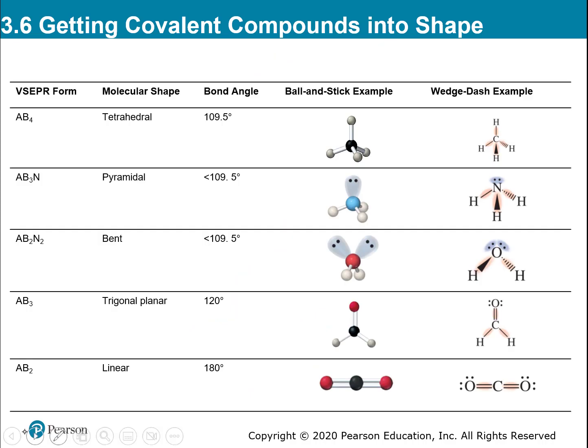So you can see in this one, and in fact, this shows the AB4. AB4 if you have carbon with 4 single bonds. And it doesn't matter. Like I could change these hydrogens and I could put in chlorines. So I could have chlorine, chlorine, chlorine, chlorine. All those chlorines would have dots.